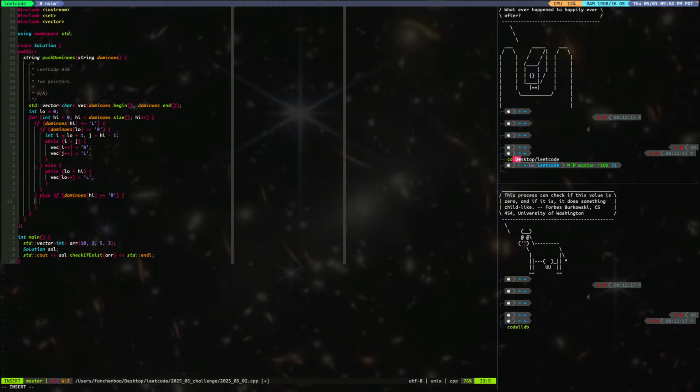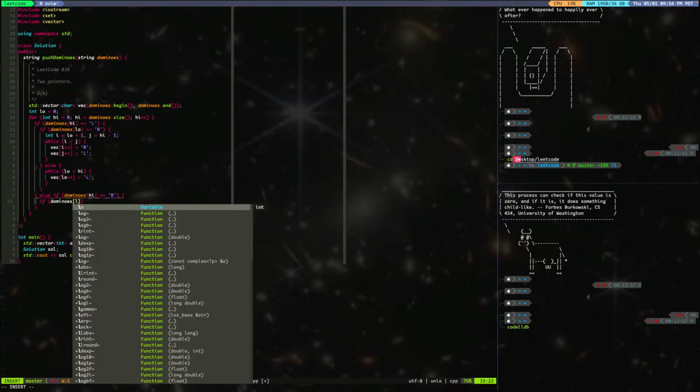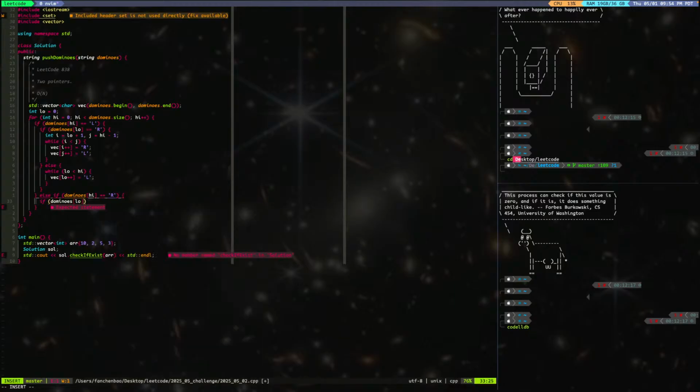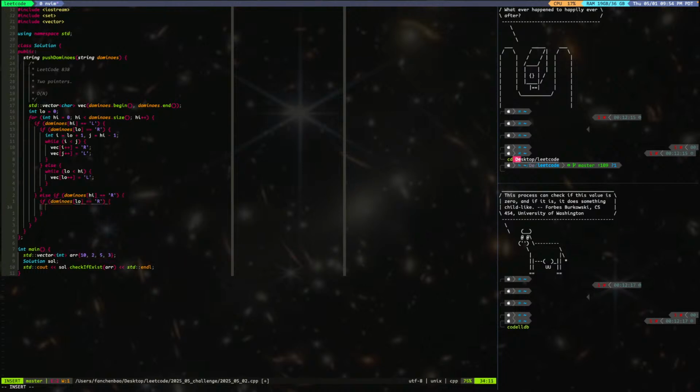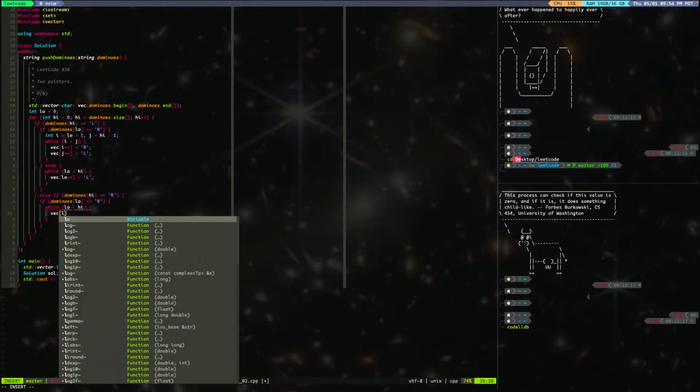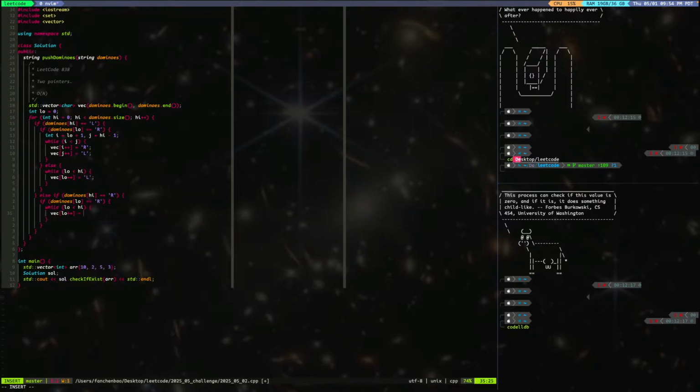If low is equal to R, then everybody turns into R. So we say if dominoes low is equal to R, then while low is smaller than high, vec low plus plus equal to R. Right, so everything's the same.